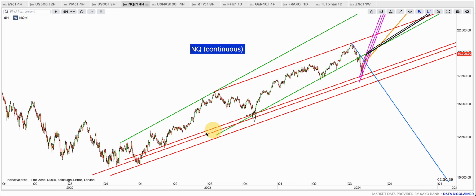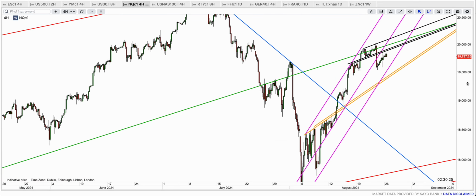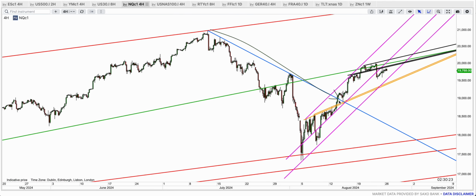It found a low at this red internal support. I thought it would come down to the red bottom band to form a giant uptrend, but it didn't get there. Then it was this blue resistance that was broken, and this golden ascending resistance that was broken, and both of them got back tested.